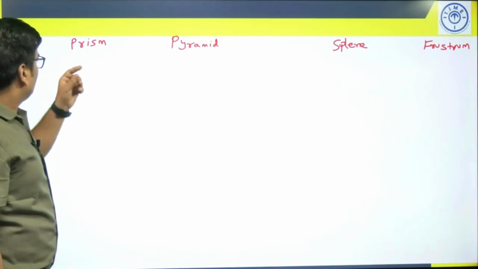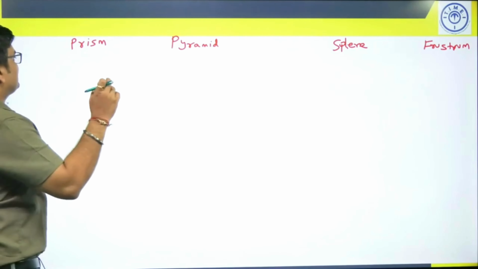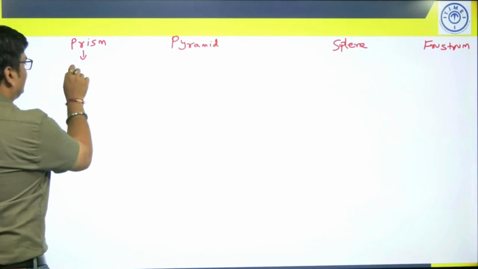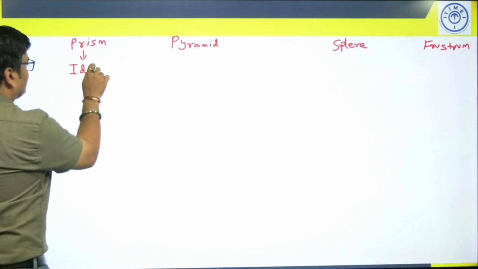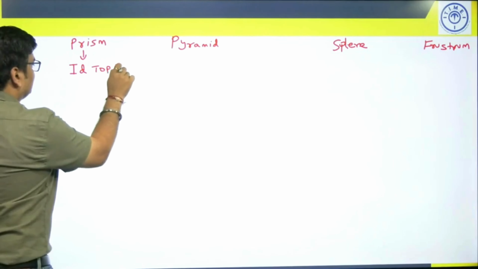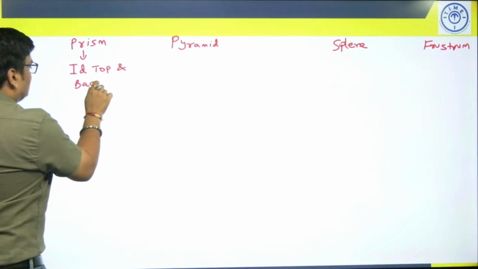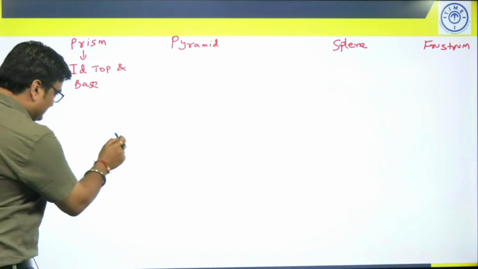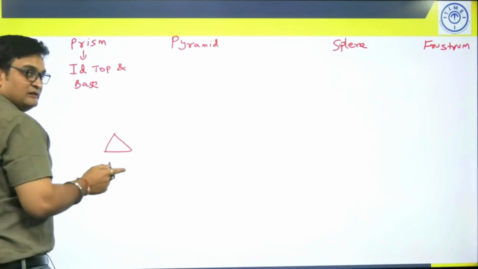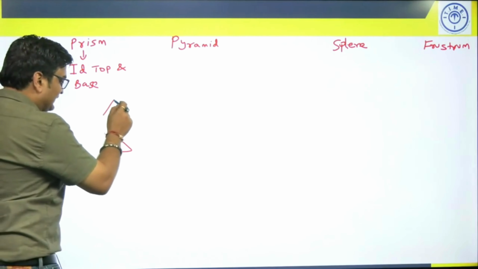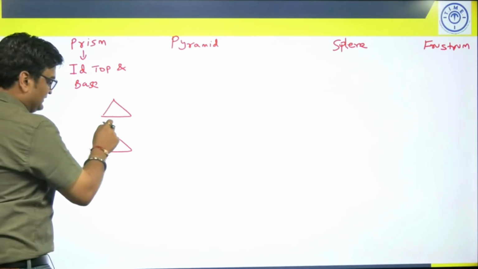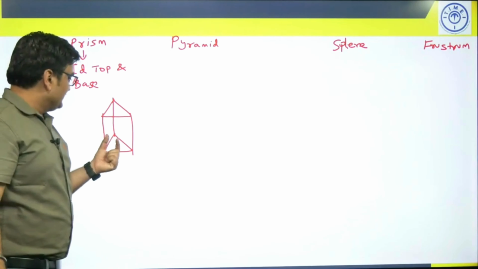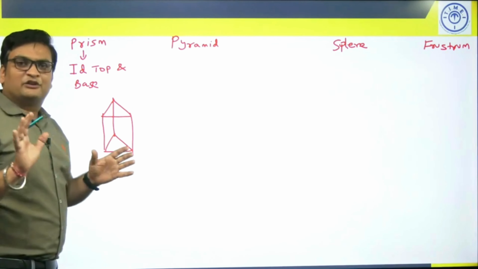If we start with the prism, a prism is basically a solid which has an identical top and base. For example, if the base is a triangle, the top should also be an identical triangle, and then the corresponding vertices are connected. The figure that forms out of this we call a prism.